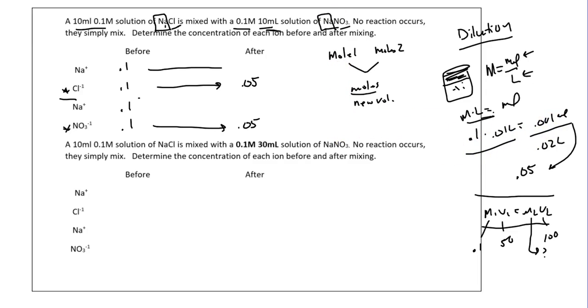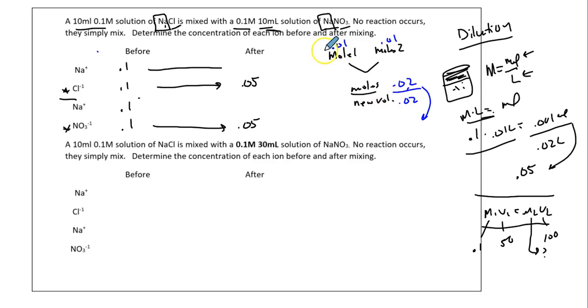So this is going to be, let's get a different color here. This is 0.01. This is 0.01. Excuse me, 0.02 divided by the new volume. 20 milliliters is the new volume, so 0.02. So our moles is actually 0.001.